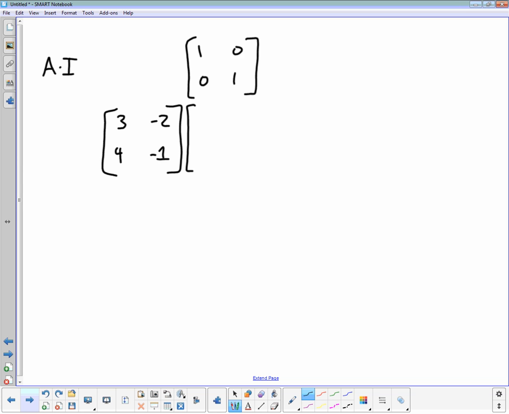Yeah, it kind of just didn't do much, did it? It went through a lot of rigmarole, but it didn't really produce anything useful, except itself. 3 times 1, 0 times -2, 4 times 1, -1 times 0, 0, -2, 0, -1. So A times I equals A.